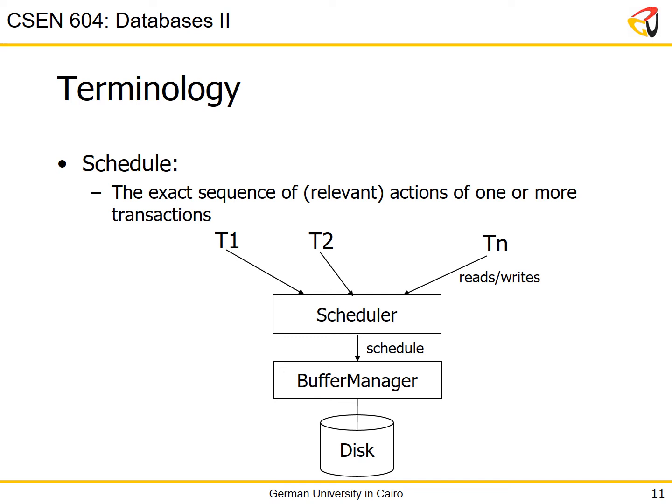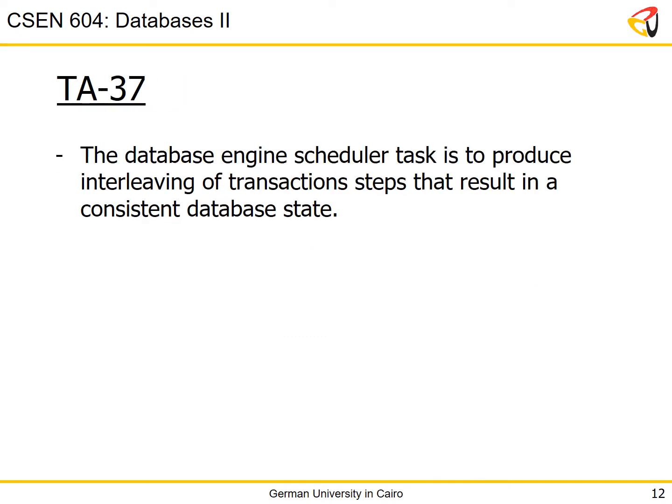So all transactions are being fed to the scheduler, and the output is a stream of reads and writes that are safe, which means will leave the database in a consistent state. So, to summarize, the database engine scheduler task is to produce interleaving of transaction steps that result in a consistent database state.